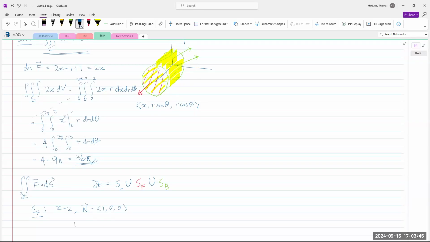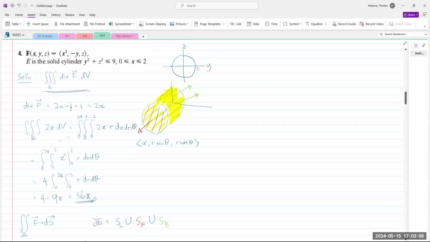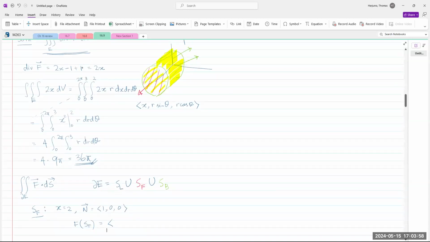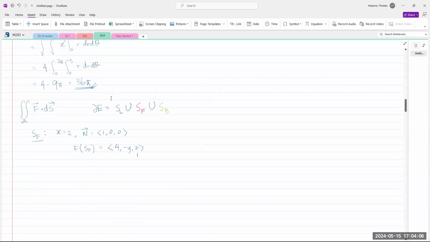The vector field on that front surface will be, the x is 2, so 4, negative y, and z. So when we do the double integral over the front surface, that will be 4, negative y, z dot 1, 0, 0 dA.